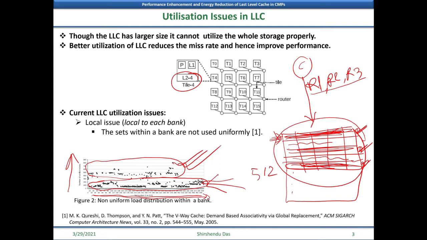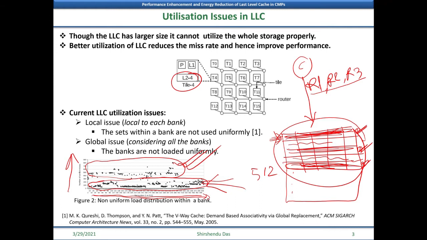If we can utilize the entire cache uniformly, we can reduce the number of misses. If we reduce the number of misses, you know how the performance will improve. I am not going into that explanation, but if we can improve the utilization, we can reduce the number of misses, and that is our main agenda here. So that is the local utilization issue.